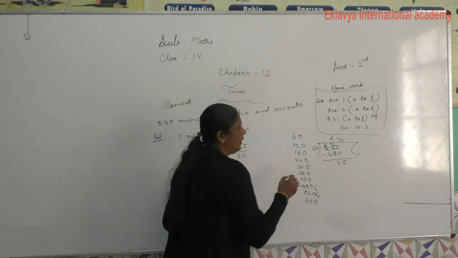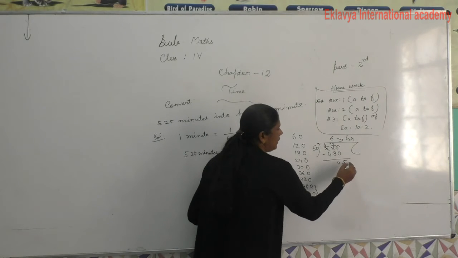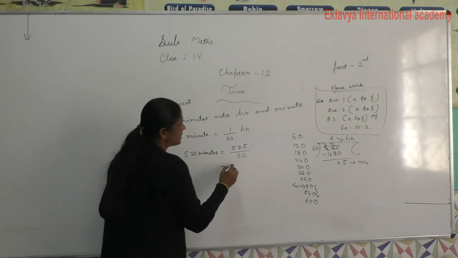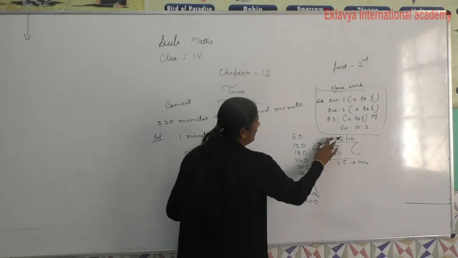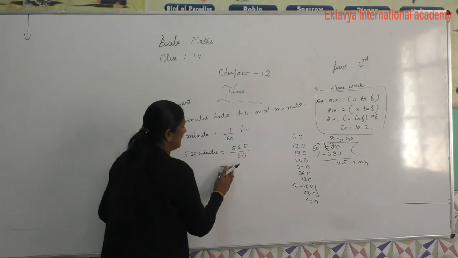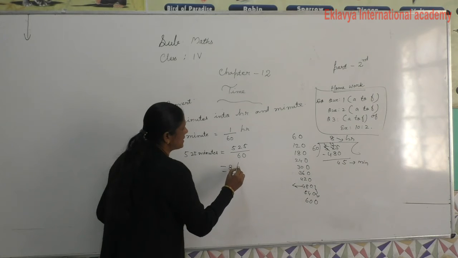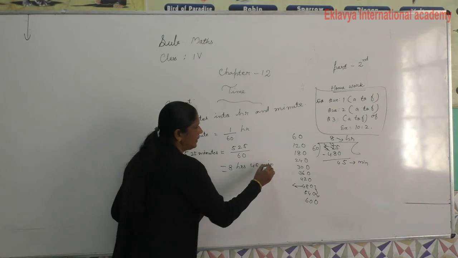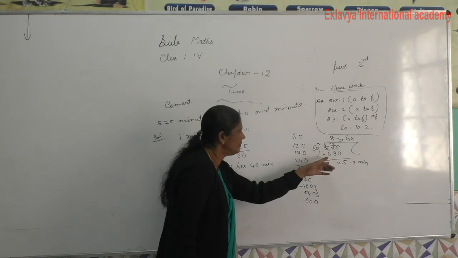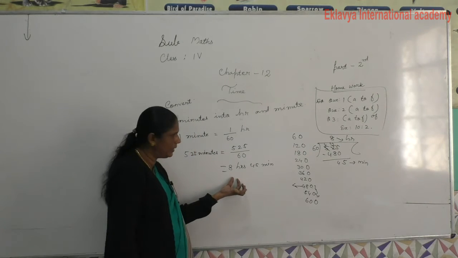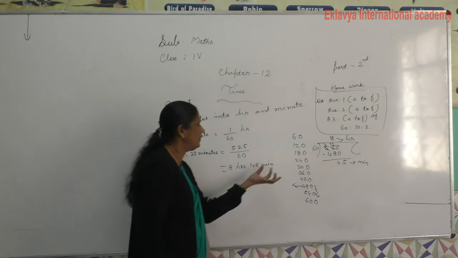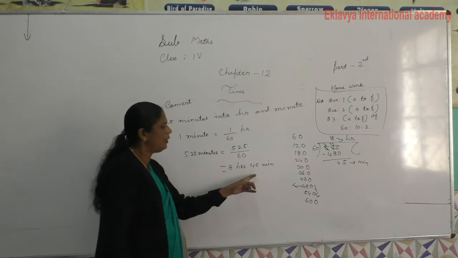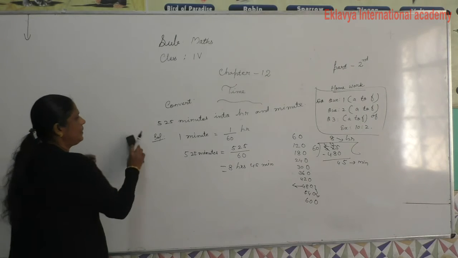This is our hour and this is our minute. Our answer is 8 hours 45 minutes. The quotient is our hours, and the remainder is our minutes. Understand? 8 hours 45 minutes. Now, next question.